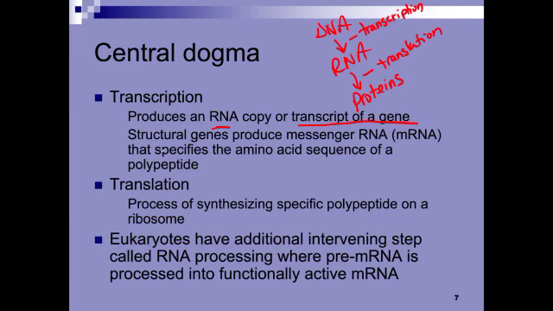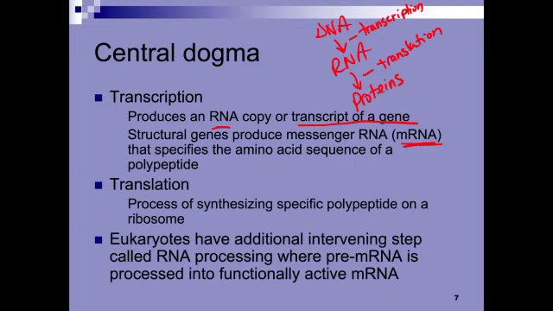Now, structural genes are genes that encode for polypeptides, for proteins. So structural genes produce a very specific type of RNA called messenger RNA, written as a lowercase m and then all uppercase RNA. So when you see the term mRNA, you know that we are talking about an RNA transcript that is going to be responsible for being translated into a protein.